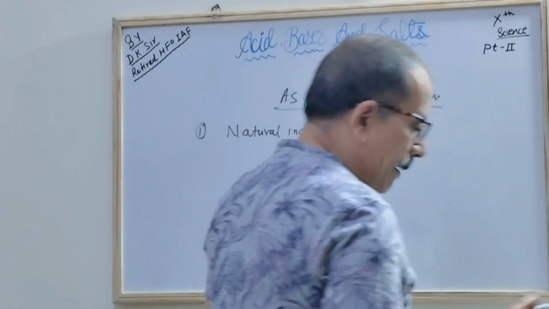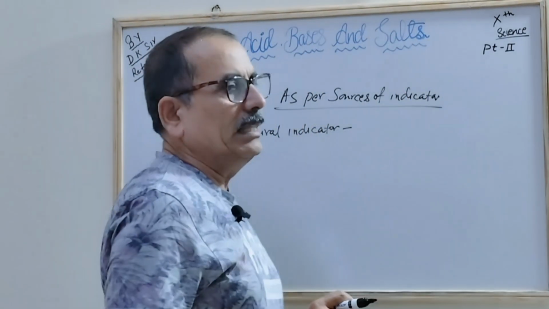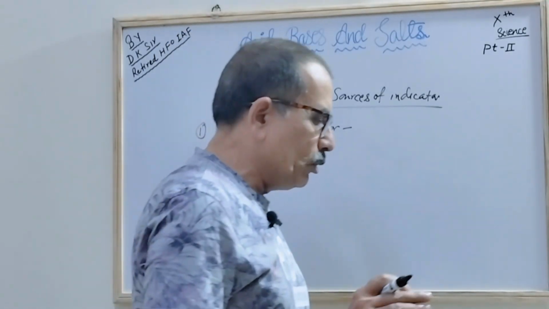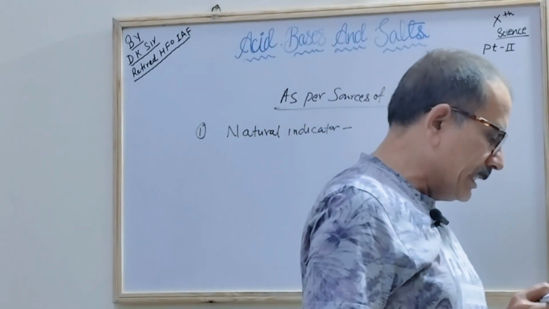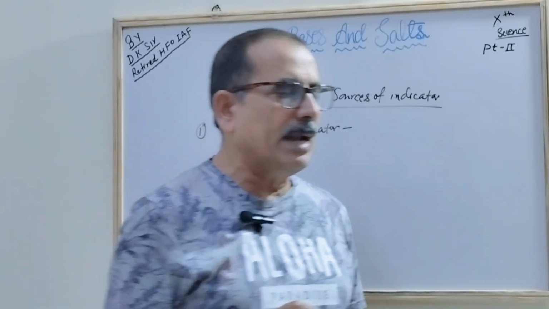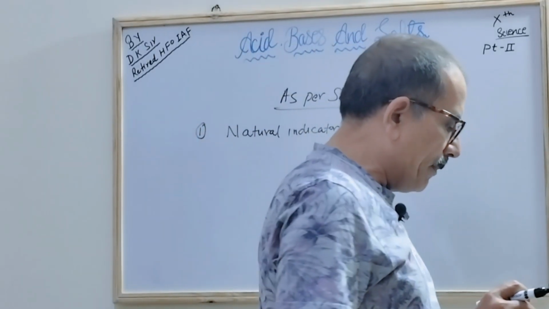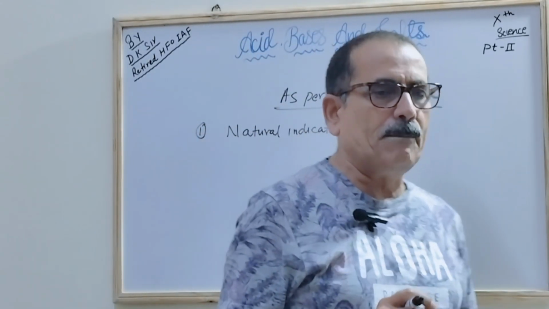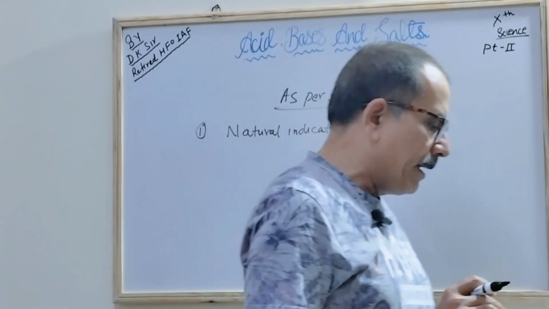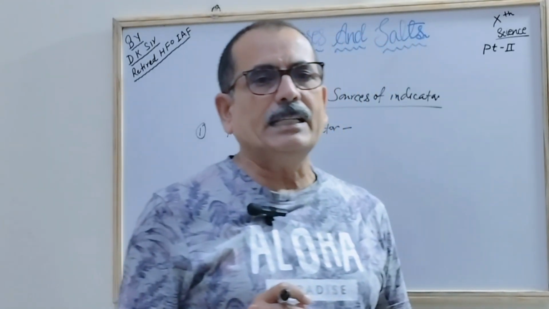I'll give some examples. For example, we are using litmus. Litmus, to know where it is coming from: litmus is found in one of the plants, that is a litmus solution. That color is purple and it is found in lichen. The lichen plant is there.